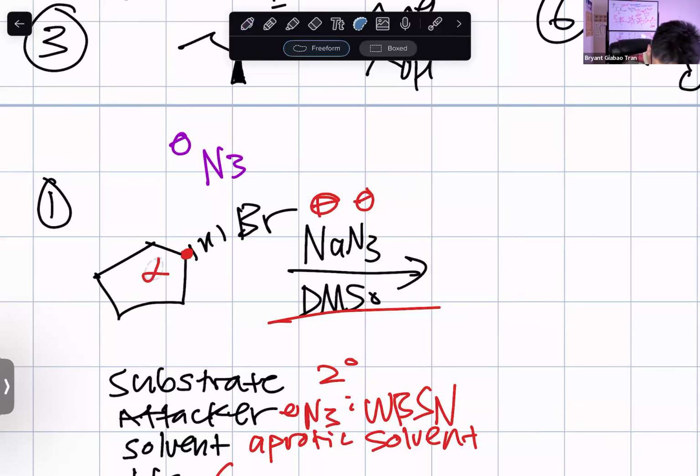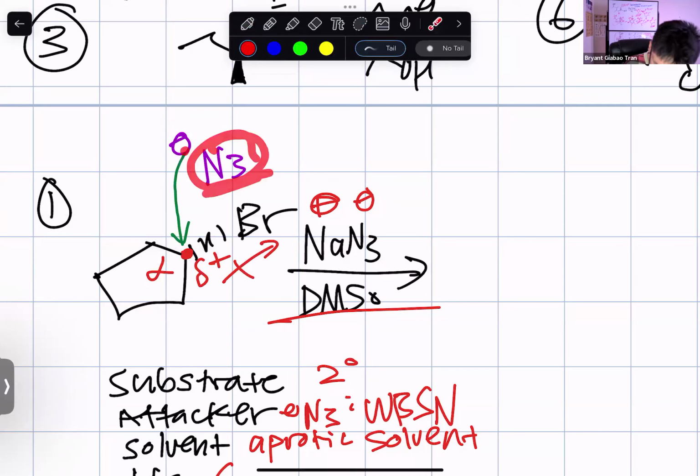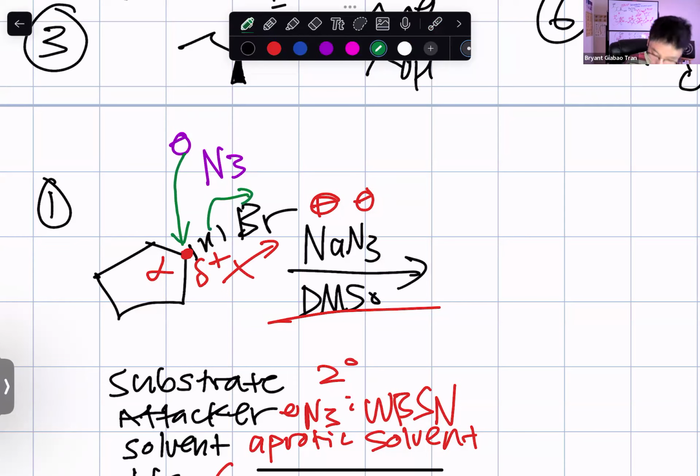This alpha carbon right here attached to the leaving group is partially positive because it's attached to this really electronegative atom, bromine, right? So that's the electrophile. In OChem, nucleophiles always attack electrophiles, right? So this negative charge nucleophilic component here is going to attack that electrophile, and then we're going to kick out that leaving group, right? But do you guys remember the mechanism for SN2 reactions?